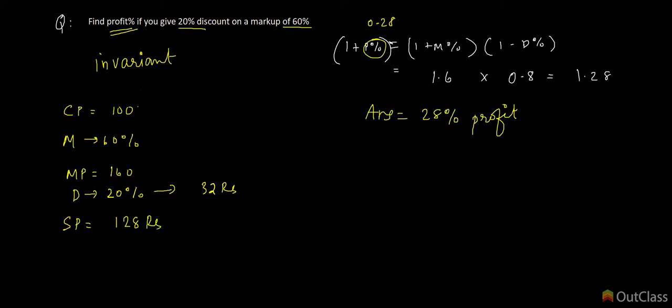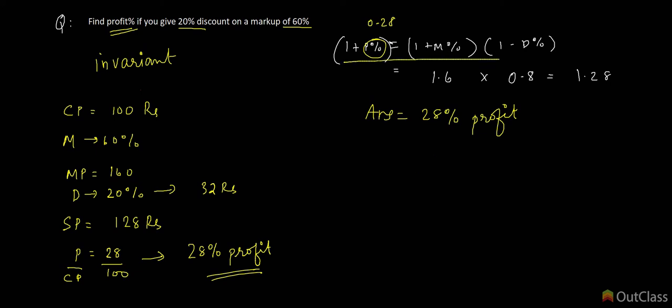Then you will say, when I start with the assumption that cost price is 100, I got the sale price is 128. That's a profit of 28 rupees on a cost price of 100 rupees, which is 28% profit. Whichever you think you're comfortable with and you find faster to apply, you can do that, either starting with CP is equal to 100 because invariant, or you can directly apply the formula.